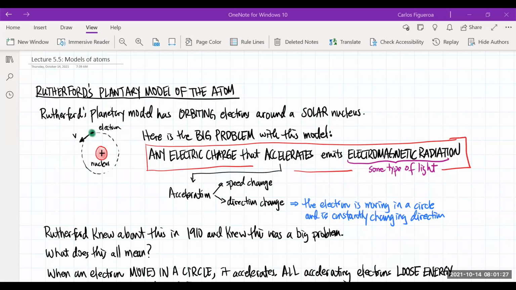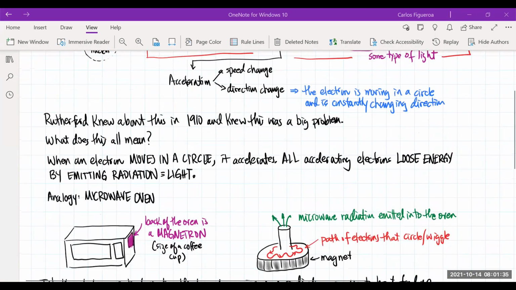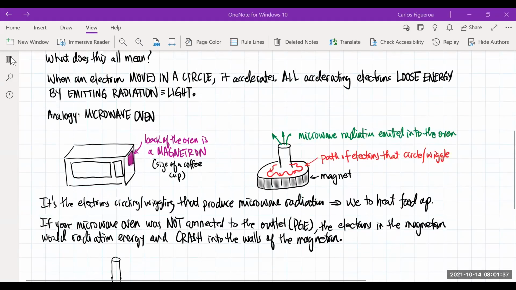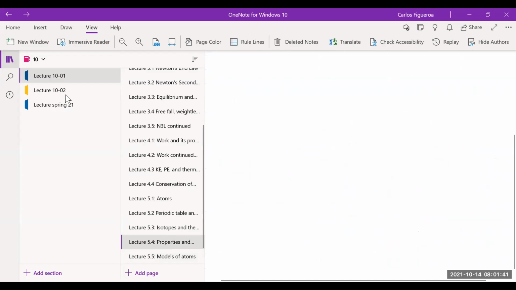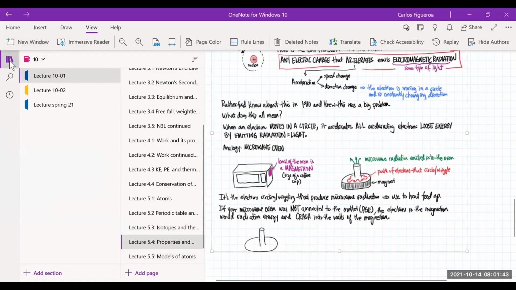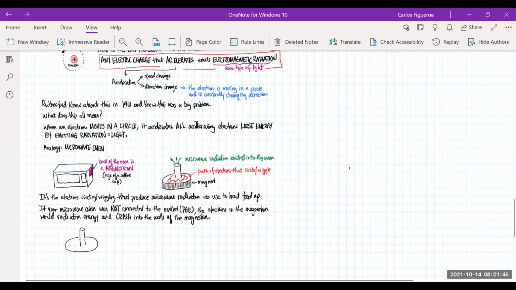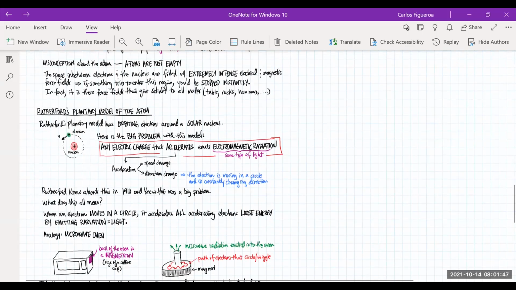Okay, so what you're seeing here is that we started talking about Rutherford's planetary model. When you look at everything that I have right here, you could write it if you want, but note that it's right here already. I already just copied this and put that under.